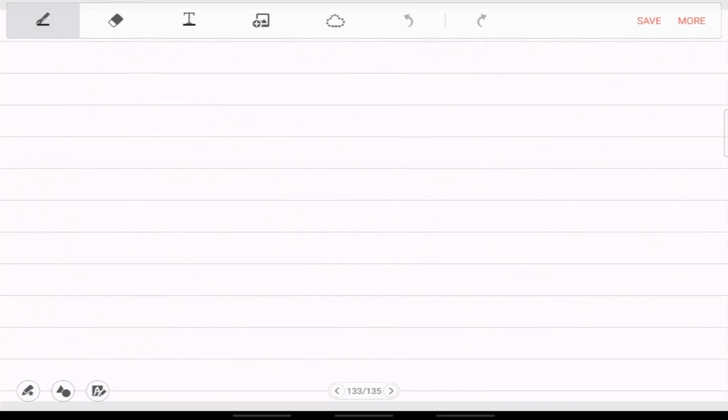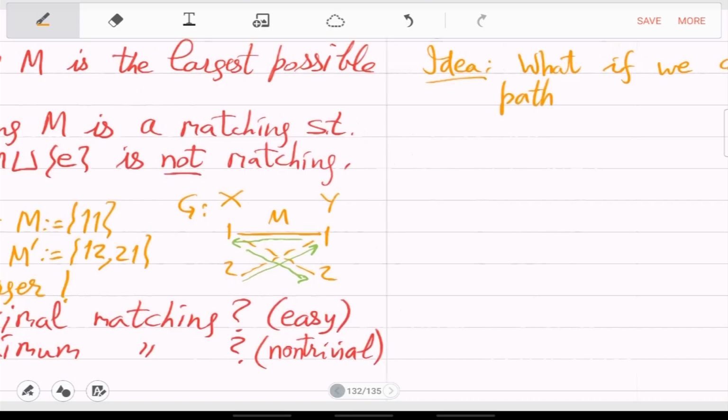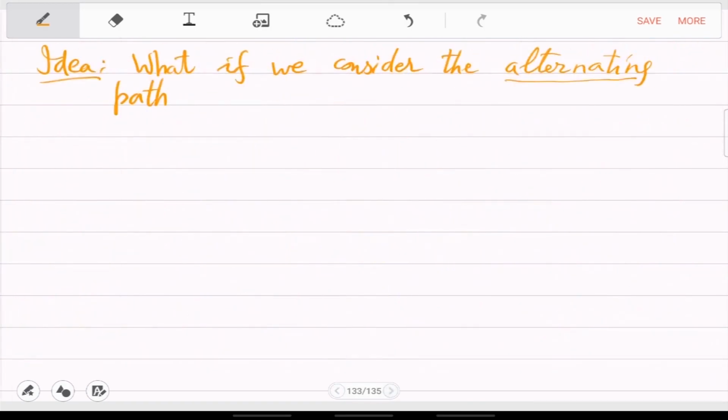So the idea in this picture was, what if we consider the alternating path 2 1 1 1 1 2, where 1 1 is in the matching and 1 2 is not, and 2 1 is also not.